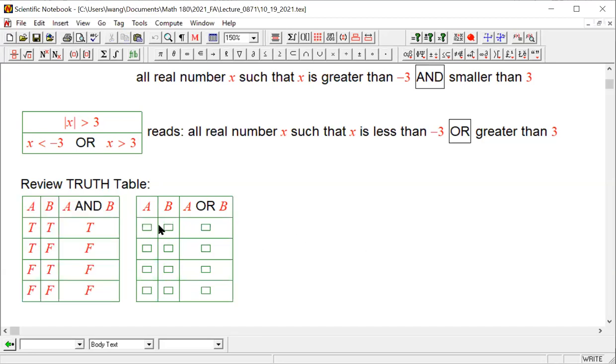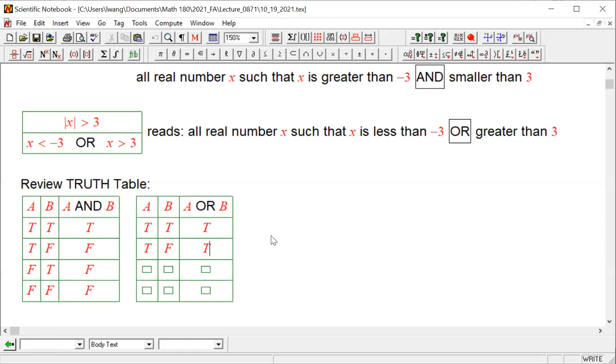Now, the or case, right? One statement, another statement. If one statement is true, the other statement is true, true or true is what? True. True or false is true, because it's or, right?